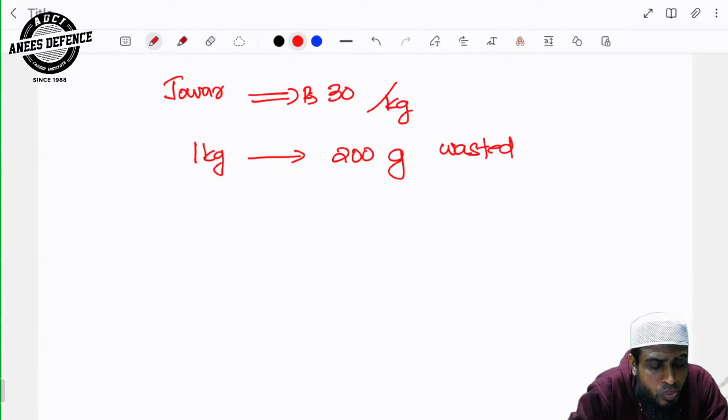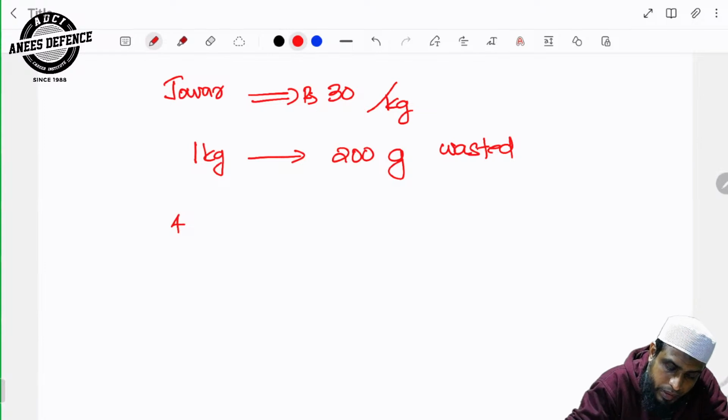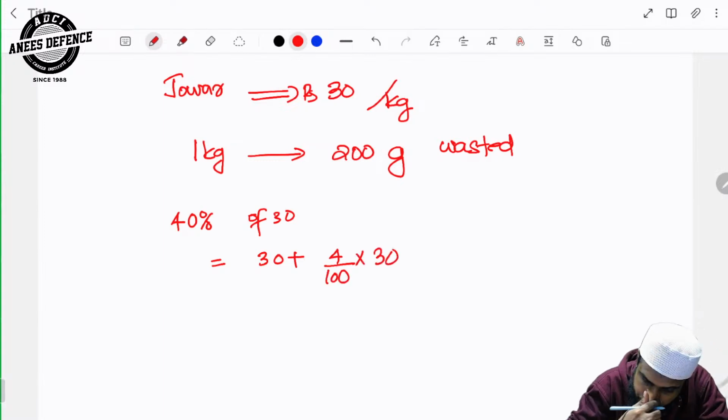So what is 40% profit? It means 40% of 30. So 30 plus 40% of 30.